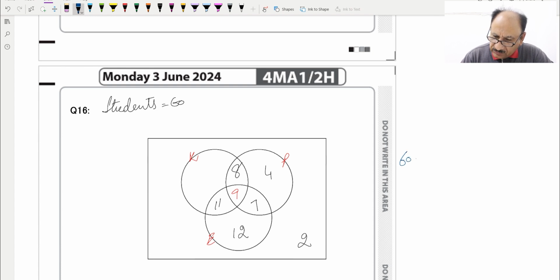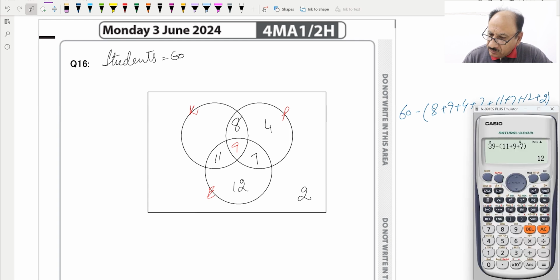So we can write 60 minus the sum of all the numbers, 8 plus 9 plus 4 plus 7 plus 11 plus 7 plus 12 plus 2, and this will give us the remaining value which we need to check.